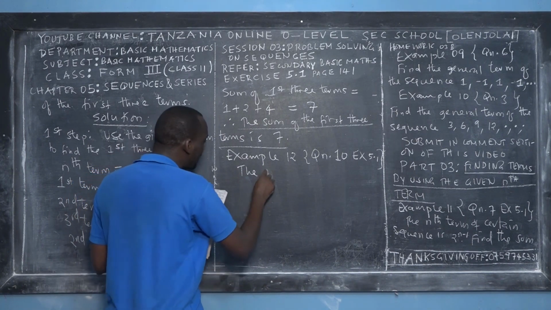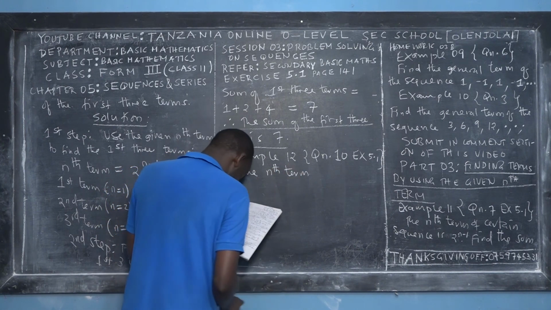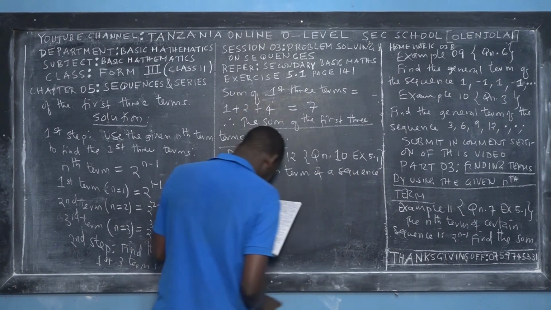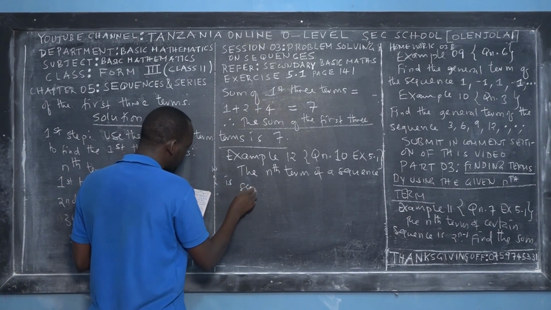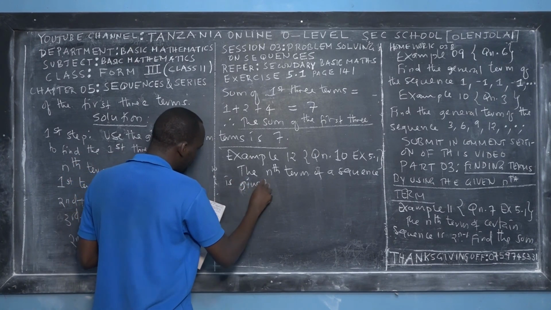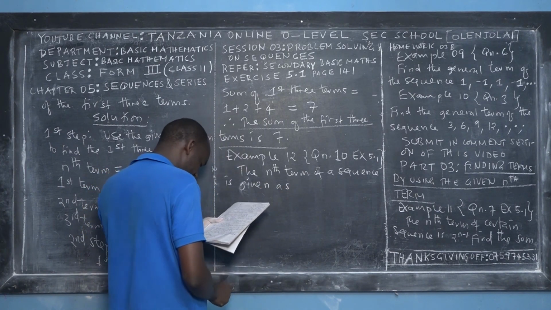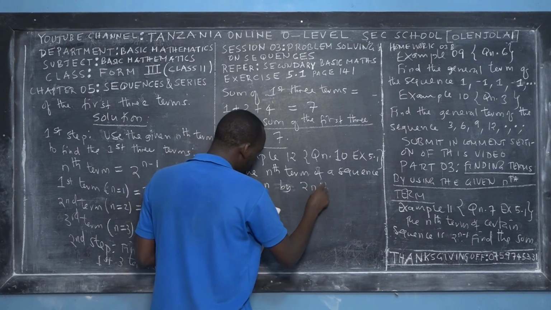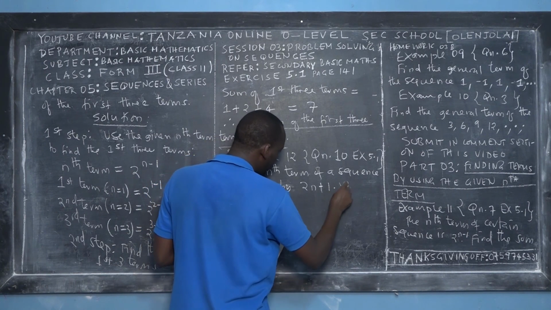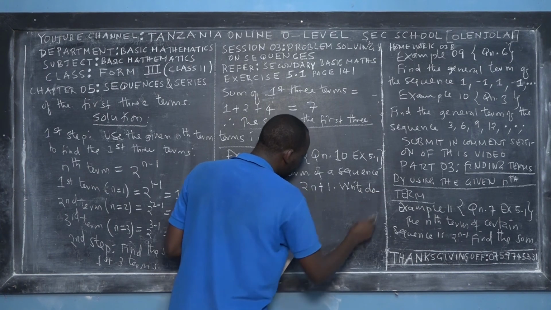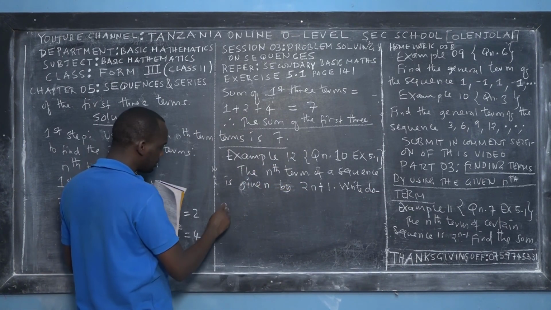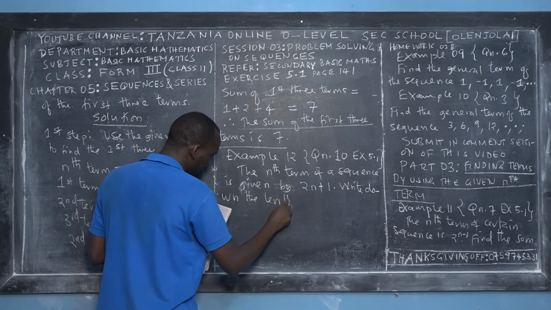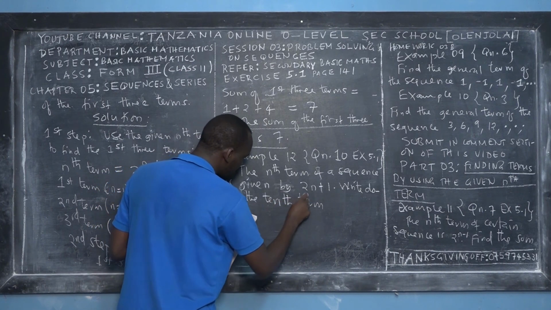The question says that the nth term of the sequence is given by 2n plus 1, and the question asks us to write down the 10th term.